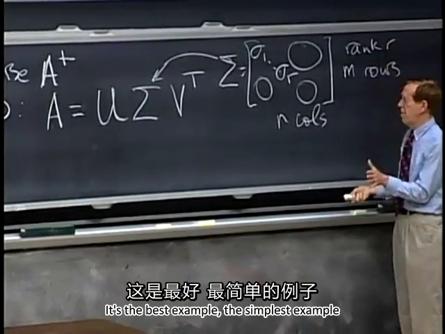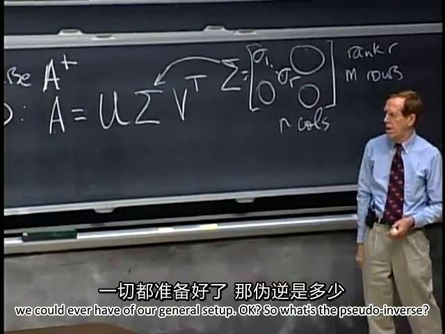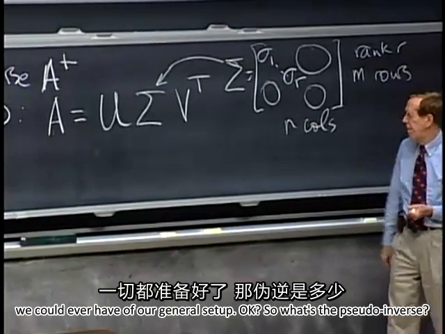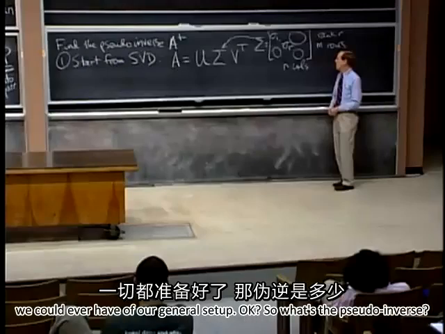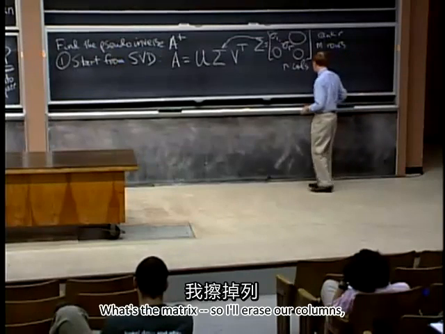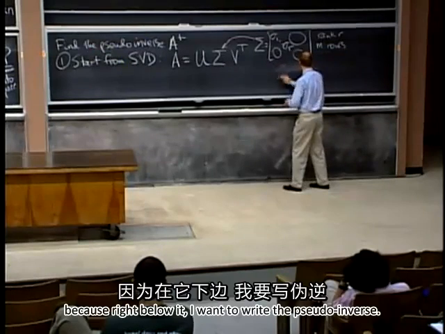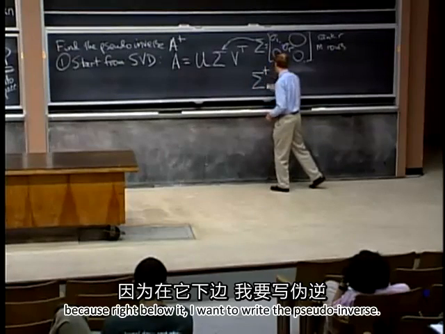It's the best example, the simplest example we could ever have of our general setup. Okay, so what's the pseudo-inverse? What's the matrix? So I'll erase our columns because right below it I want to write the pseudo-inverse.